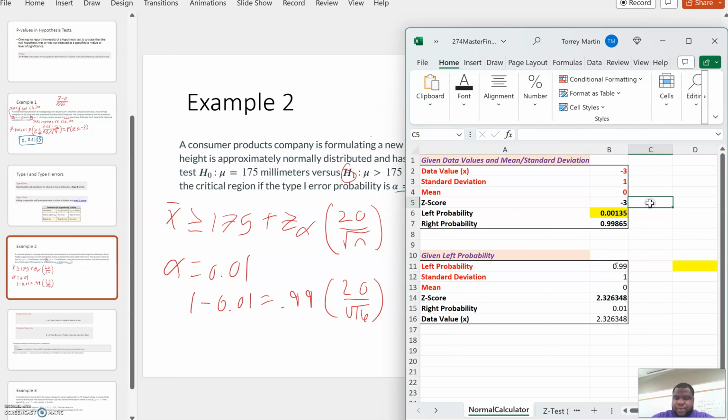And we know that's going to be, in our case, 175 plus our z alpha, so I'm going to put a parenthesis, 2.32 times 20 divided by the square root of n, which is 16.